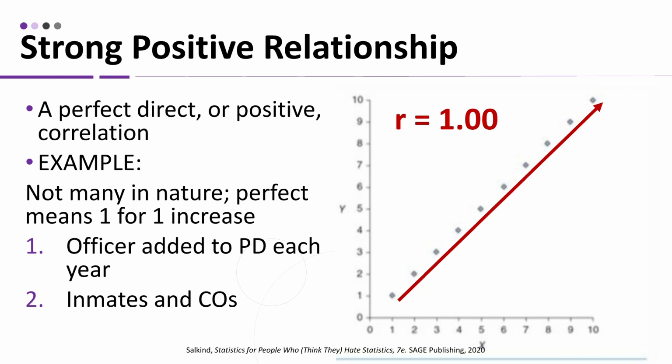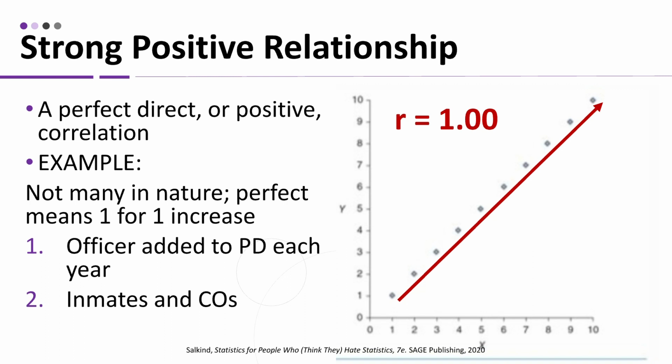We're not sure what those represent. They could just be different counts and things like that. This is actually a perfect direct positive correlation, meaning with every increase of one variable, there's an equal increase of the other variable.